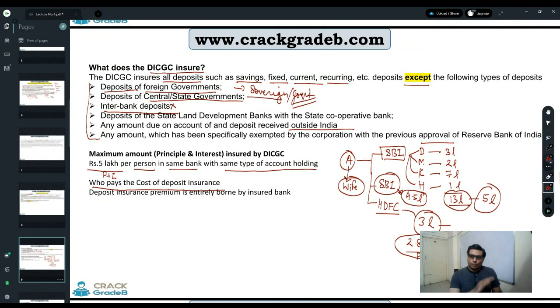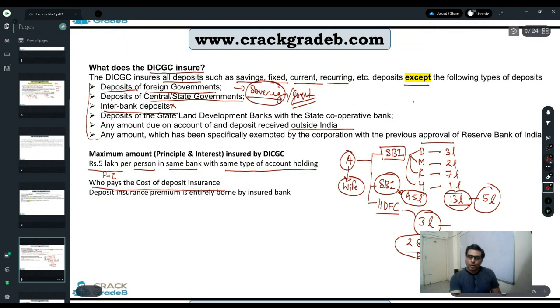Wherever money is invested, whether in the stock market on shares or bonds, or in mutual funds, or deposited in private or government banks, all these deposits have a risk, but the amount of risk decreases as you go from the stock market to the bank, right?